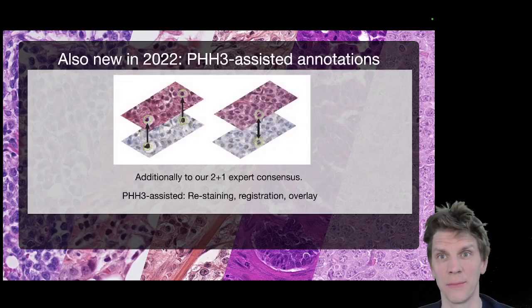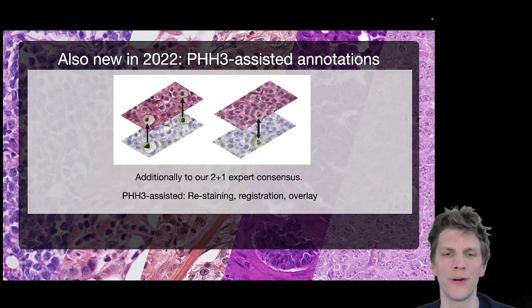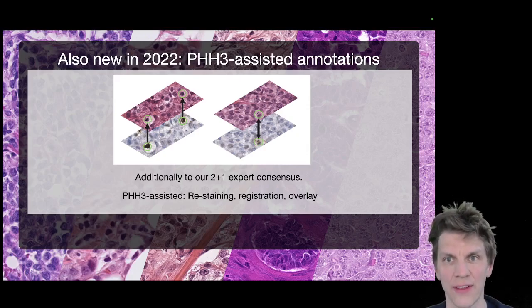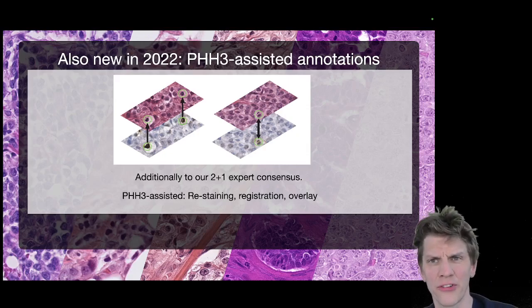Another novelty in the MIDOG 2022 challenge that some of you might not be aware of is that for the first time we used PHH3, so phosphohistone H3 assisted annotations, as a secondary annotation for the test set. What does that mean? That means that we did our usual 2+1 annotations. So one pathologist annotated all mitosis and cells that look pretty much similar.